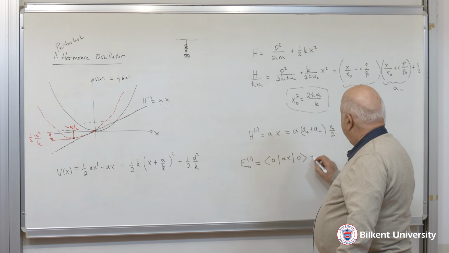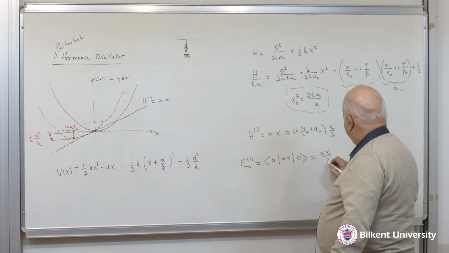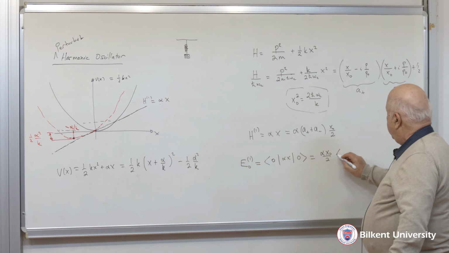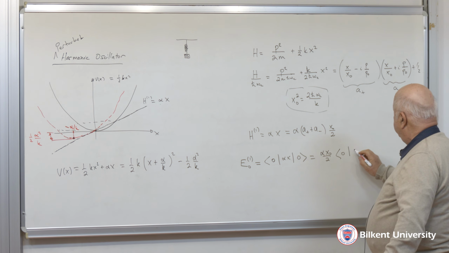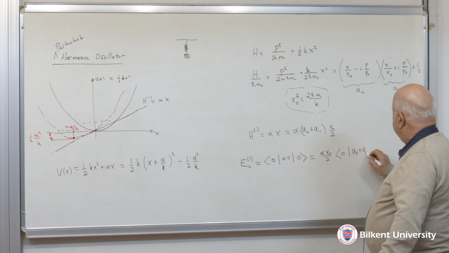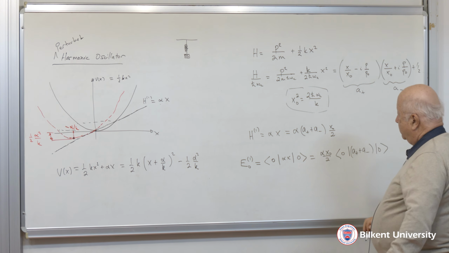Okay, so that's going to be alpha x0 over 2, and I have <0|, the ground state, times (a plus plus a minus) |0>.